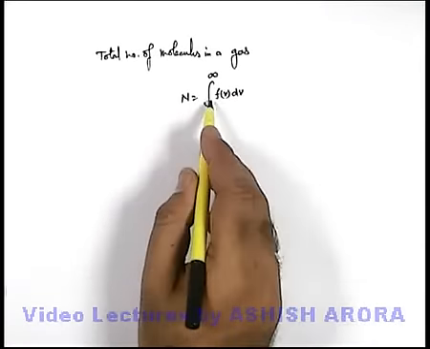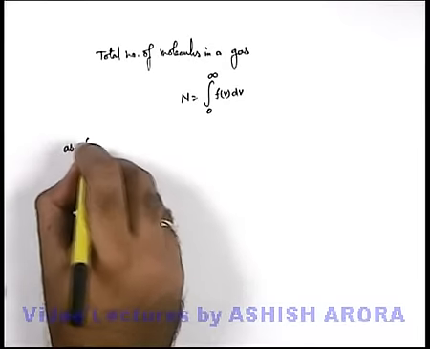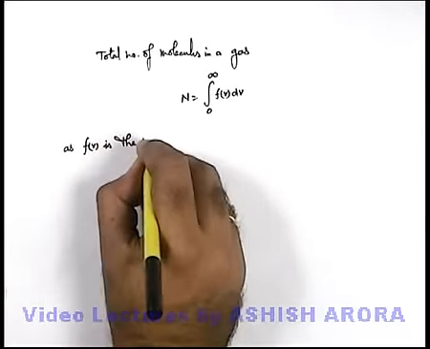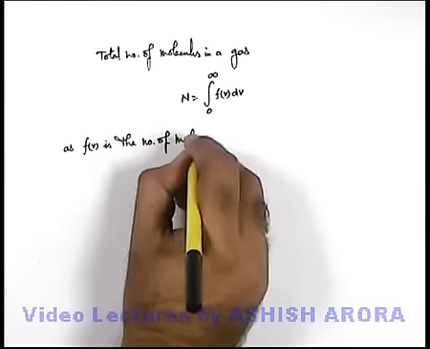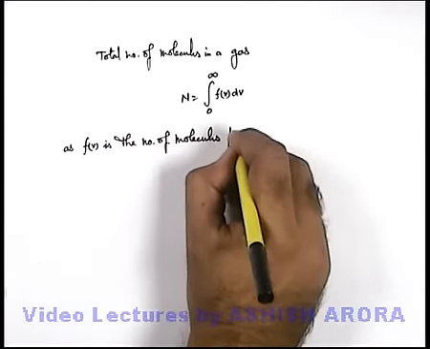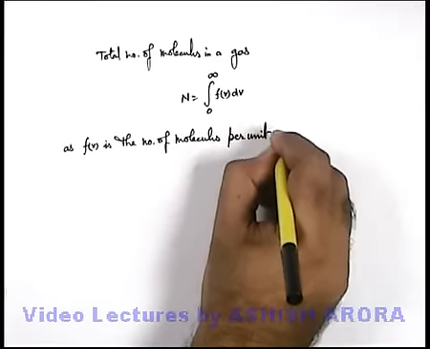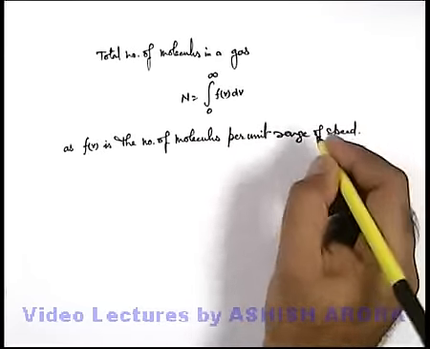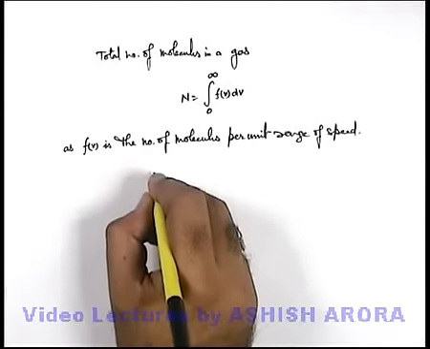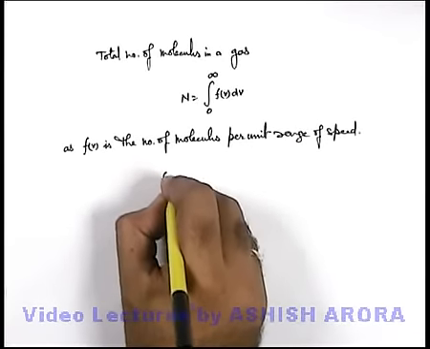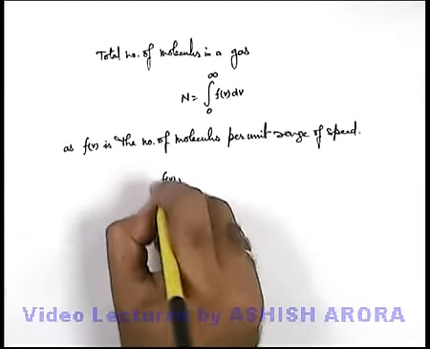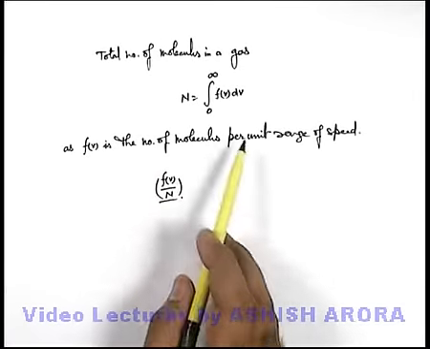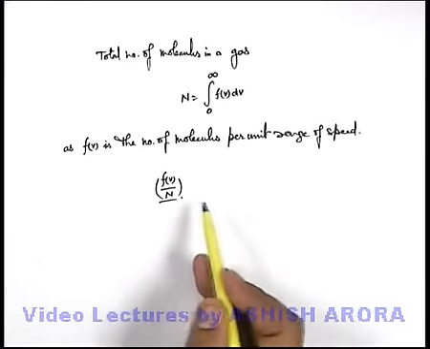Now again, f(v) is the number of molecules per unit range of a speed. We can define another function, f(v) upon n. That will be the function per unit range of a speed per molecule.